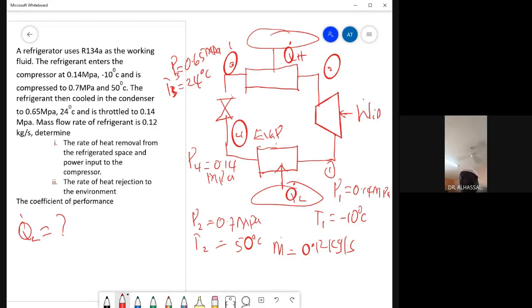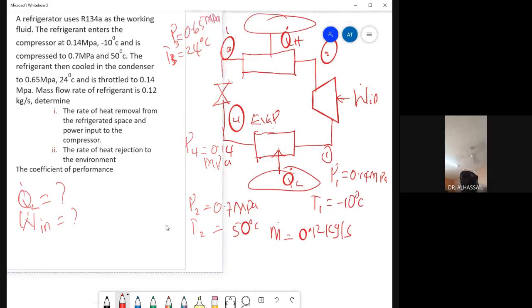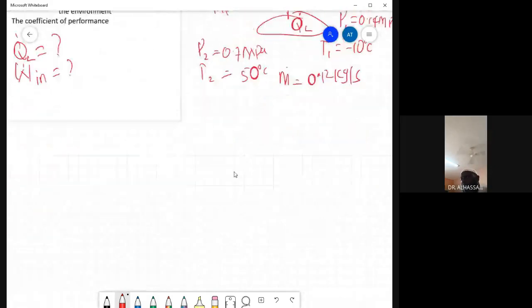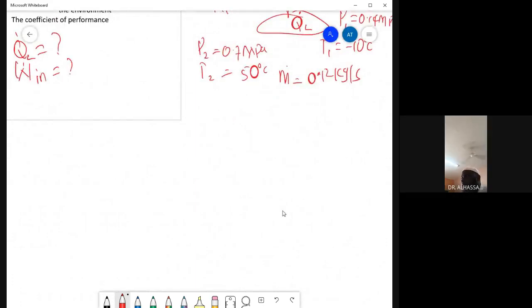And also the power input to the compressor, so we want to find W in also, which we don't know. So clearly we have to sketch the TS diagram for this particular cycle. Let us draw the TS diagram for this cycle.